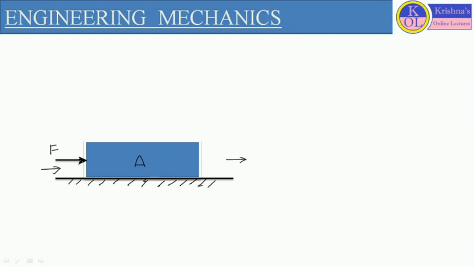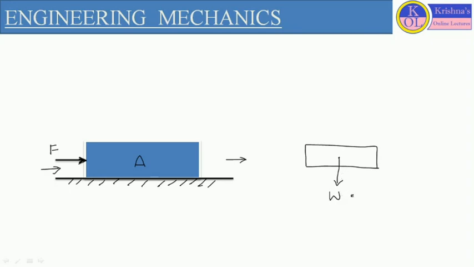kilonewton. Now if we want to draw the free body diagram, just for understanding purpose, I am drawing this rectangular surface of the body. Now here, the first force which you have to draw here is always the weight of the body.